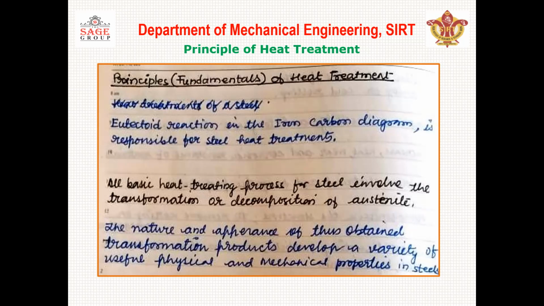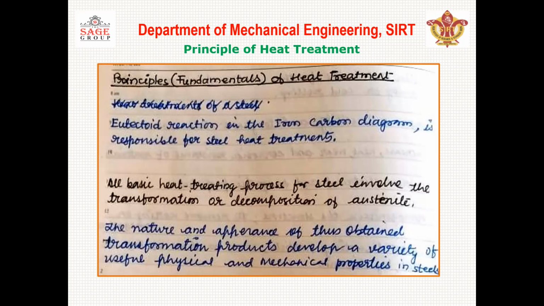This means the reaction takes place from solid to solid. So for heat treatment, this reaction is very important, and this is the criterion for heat treatment. We can see this reaction in the iron-carbon diagram.